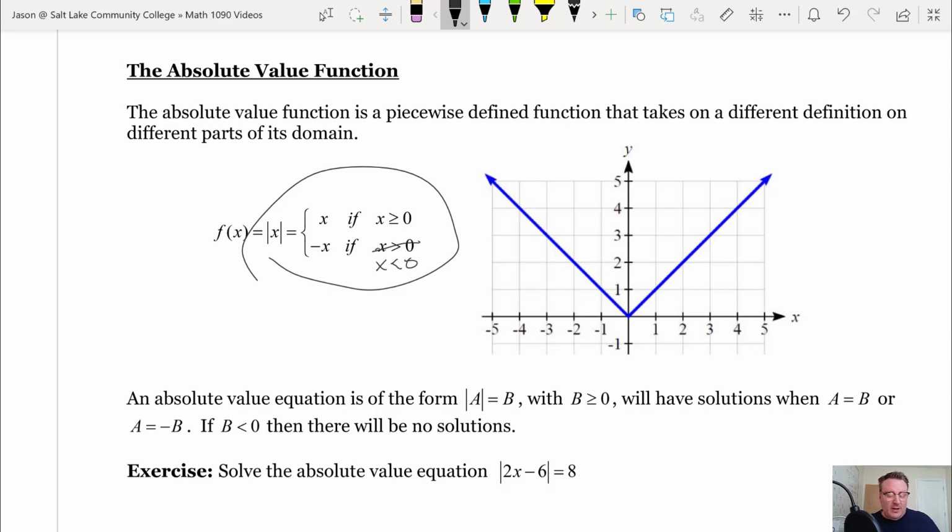So it will be positive or 0, right? You can get 0. As you can see from the graph over here on the right, the bottom of the V there has a y value of 0. So you can get 0 as an output of this, but you can never get a negative number out of an absolute value function.